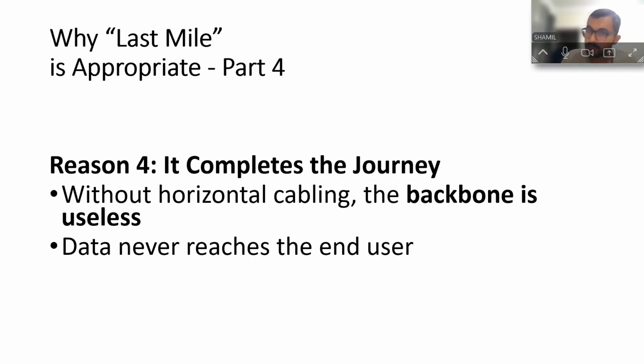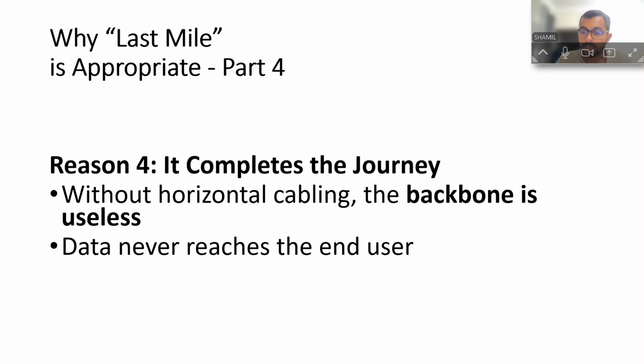Without horizontal cabling, the backbone cabling is useless. Both go hand in hand. Anyway, you have to connect from the main rack to the individual racks on each floor, and from the floor equipment you have to connect to the user. Without horizontal cabling, the data will never reach the user.